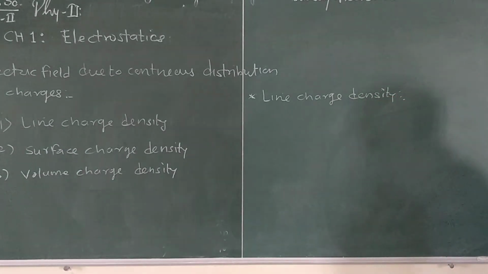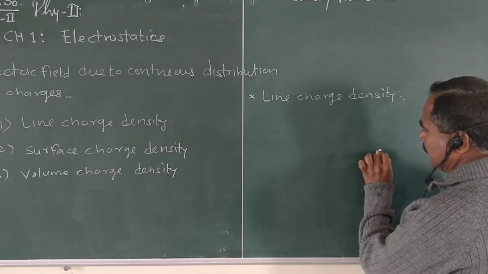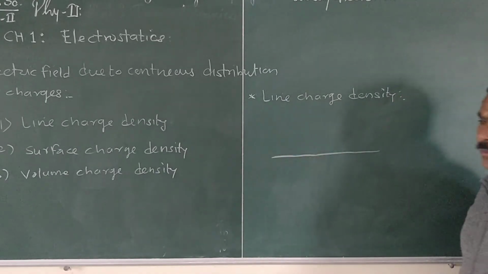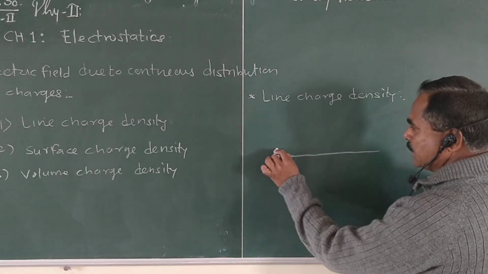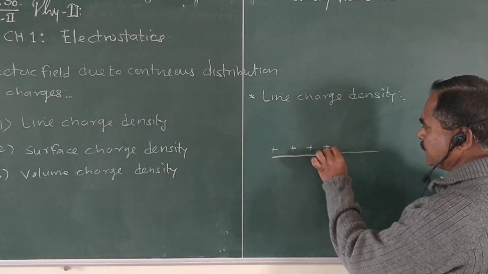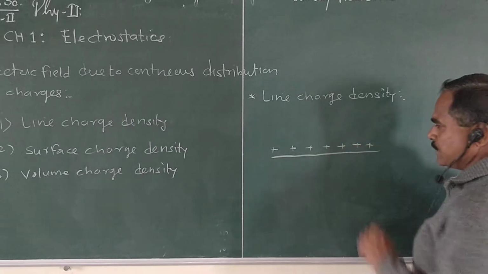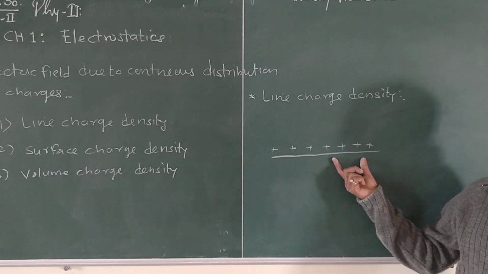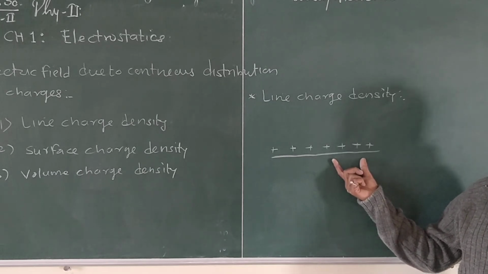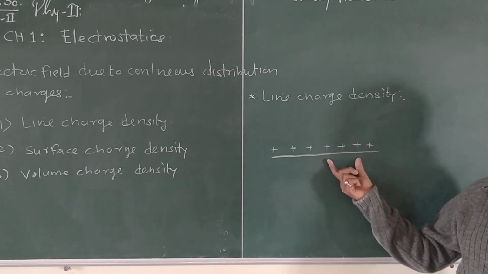Okay, so we consider here a line on which there is continuous distribution of charges, that is plus plus plus plus like this. On that line there is a continuous distribution of charges.